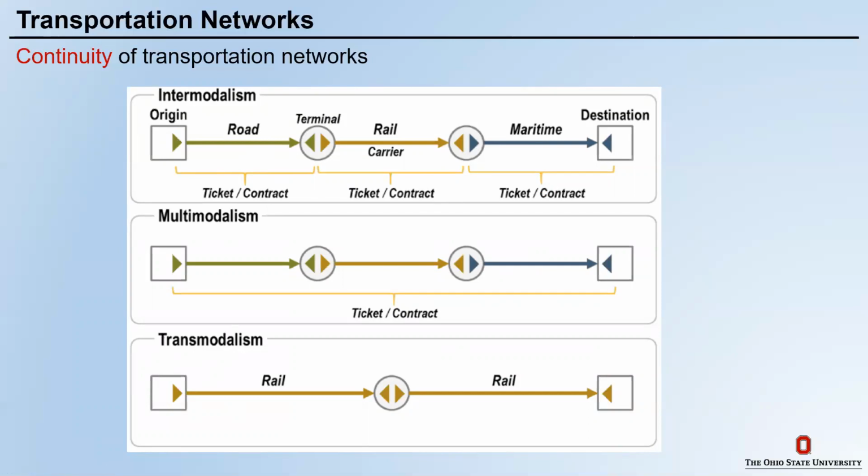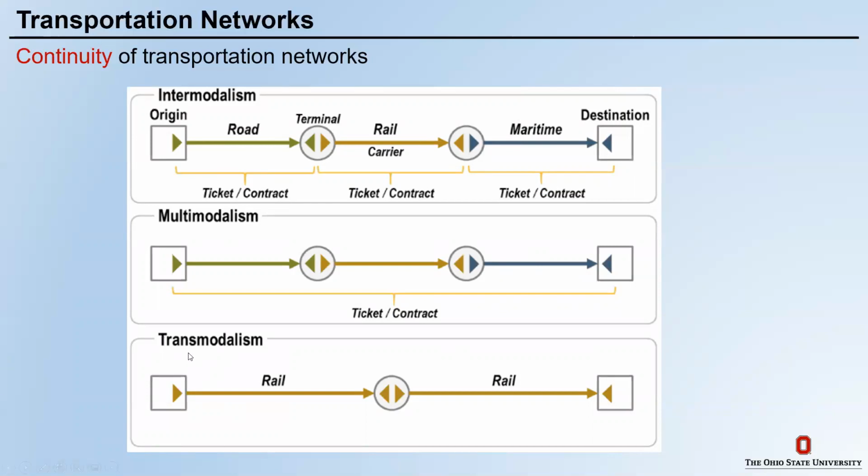It is a node in which you can change the mode of transportation. At this specific node, land transportation was abandoned, and you choose to use maritime transportation to finish the last segment of the journey of this cargo or this good or this person.